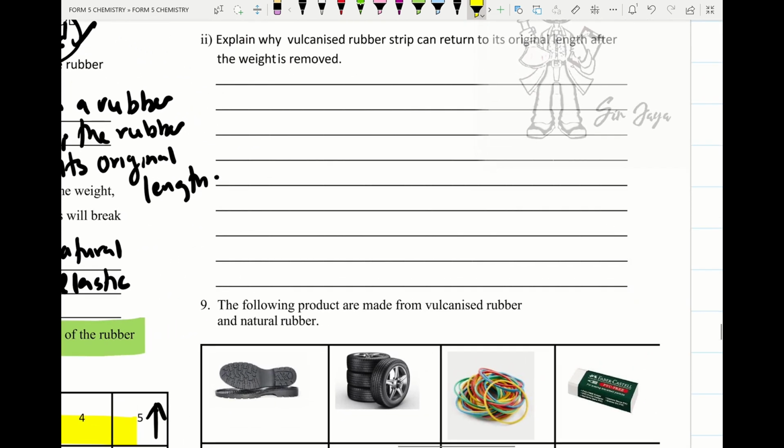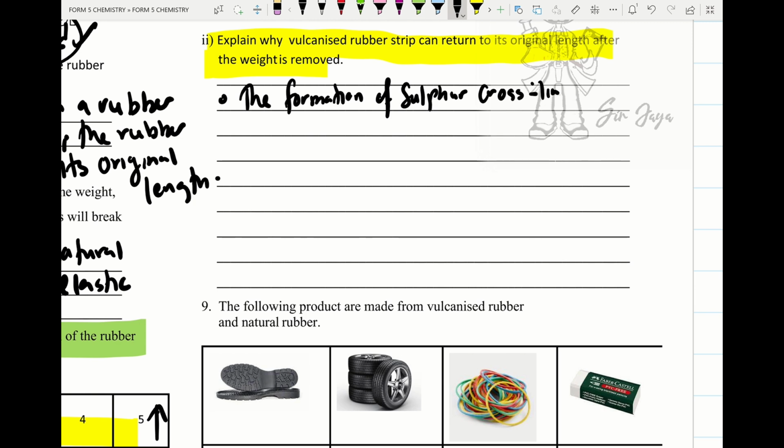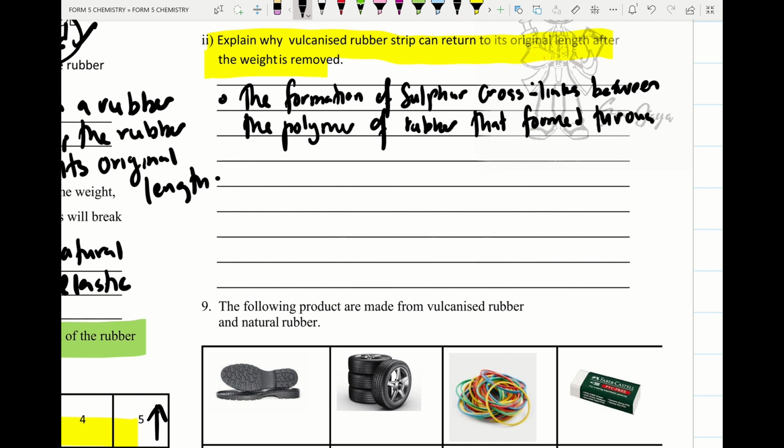All right, so we move on to question number 2. Why can the vulcanized rubber strip return to its length after the weight is removed? Because of the formation of sulfur cross links between the polymers of rubber that form through strong covalent bonds.